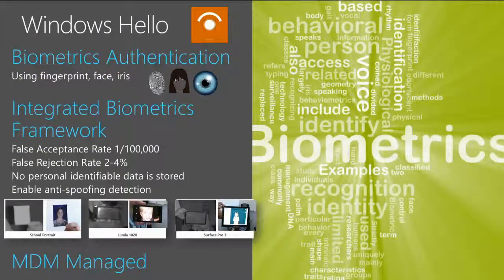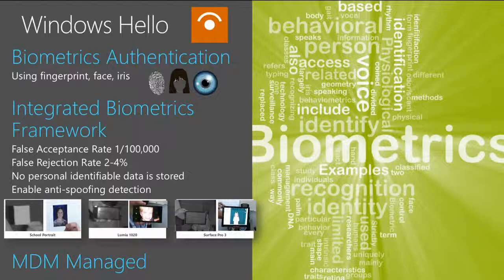So that something you are is something that is now coming new in Windows 10. And that's what we call Windows Hello. We announced that a while ago. But basically it is unlocking the device through using a fingerprint reader, a facial recognition scan, or an iris scan.